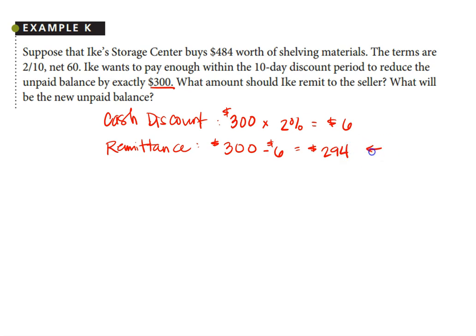So this is what he would actually pay within the 10-day period. And then the remaining, or the unpaid balance that he still owes within the 60-day period, is the invoice amount of $484 minus the $300, and this gives us $184, which is the unpaid balance.